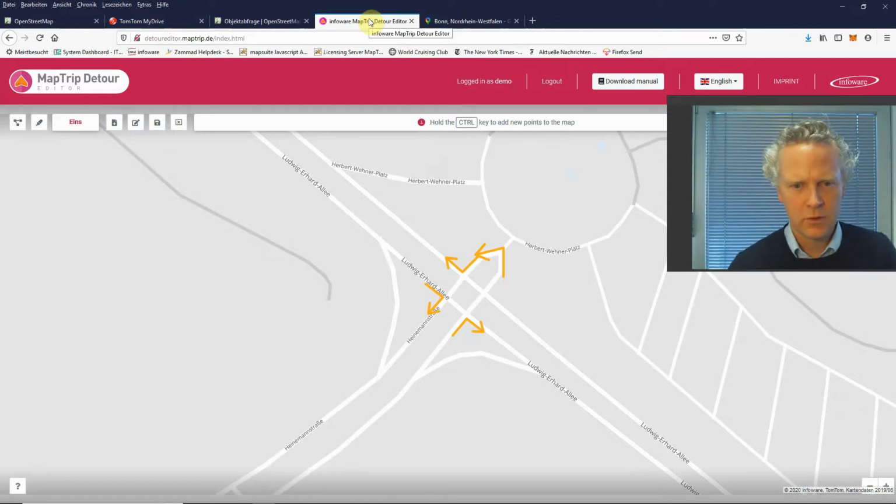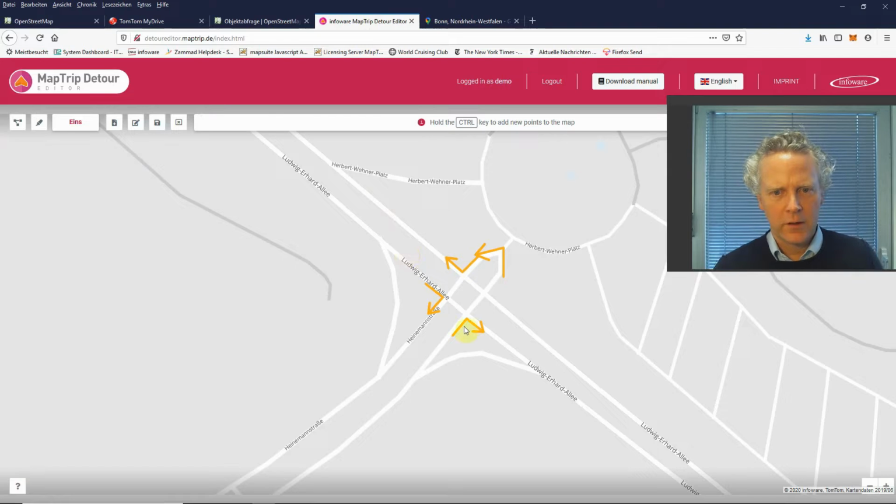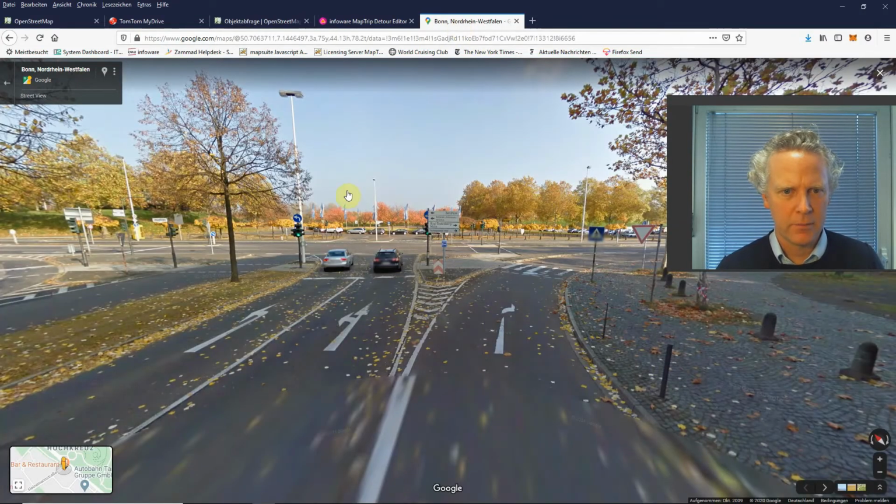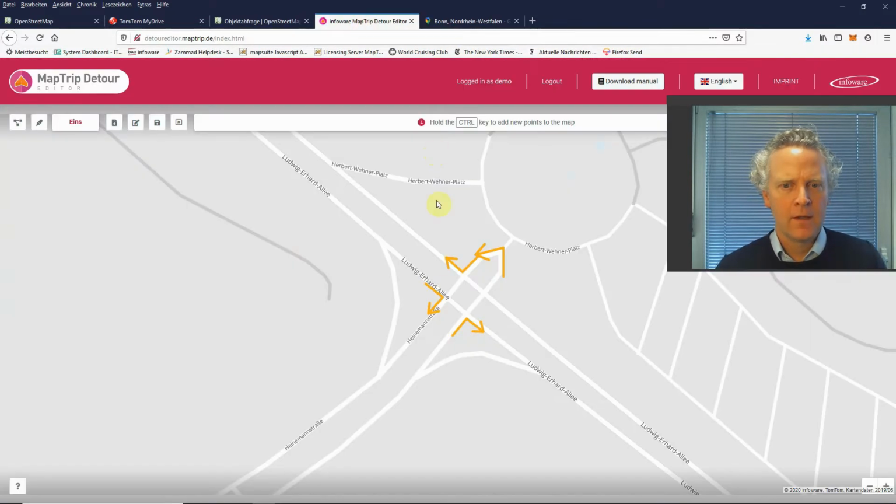So here we are looking at the same intersection, looking this way, so that's the perspective. Here you can see that this maneuver is not allowed, and this information comes from the map data.